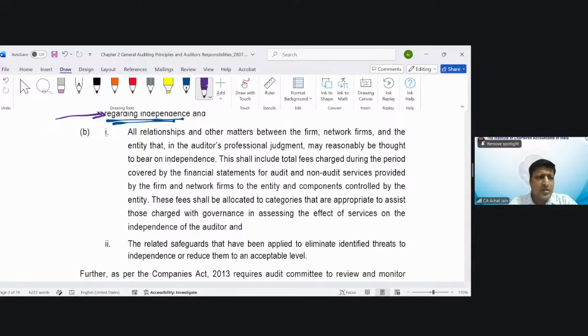All of those things get covered. These fees shall be allocated to categories that are appropriate to assist those charged with governance in assessing the effect of services on the independence of the auditor, and related safeguards that have been applied to eliminate identified threats to independence.